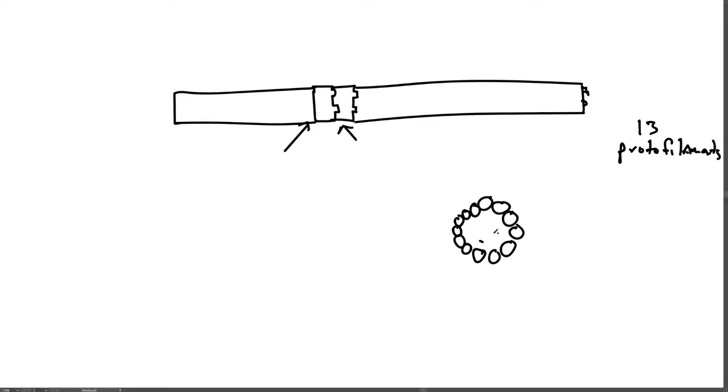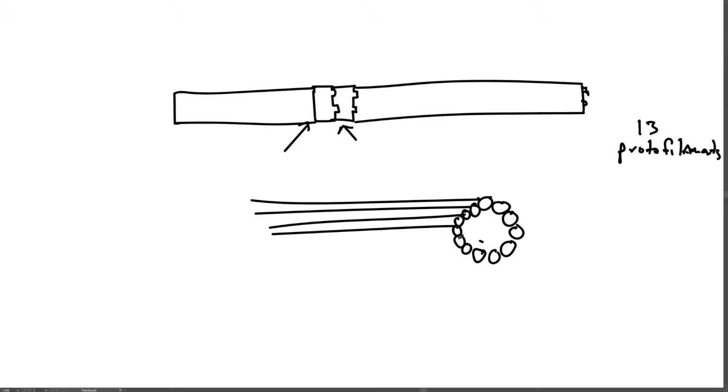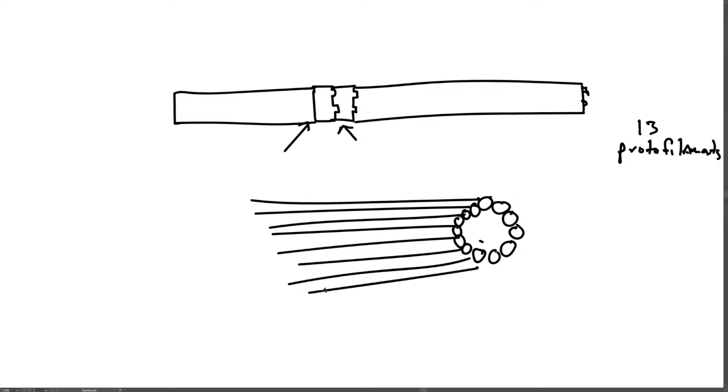So the name is appropriate, microtubules, so small tubes. And each one of these is a protofilament, and I drew 13 circles. That wasn't that easy to do, but I managed to do that.